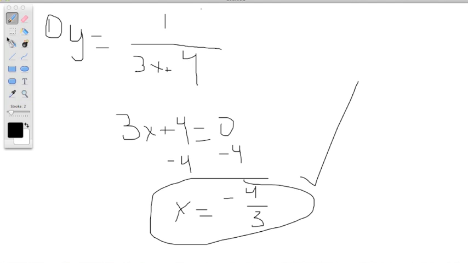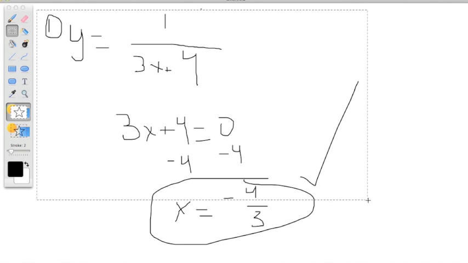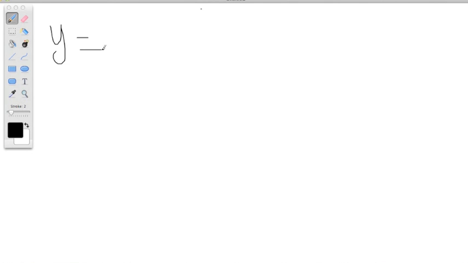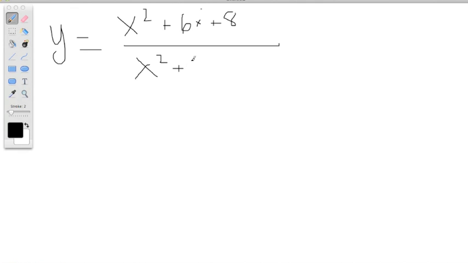For the second problem, it's a little more complicated, but not too much. The second problem is y equals x squared plus 6x plus 8 over x squared plus 4x plus 4. To start every problem, you have to factor.